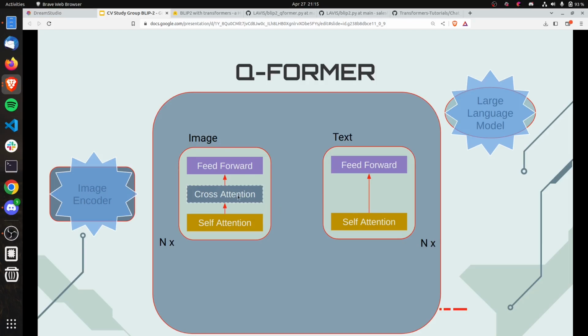Cross-attention is a bit special because that's only every other layer. They can specify which layers get it, and the default setting is that every second layer gets a cross-attention layer. The text transformer is similar, also self-attention and feed-forward, and then you get these stacked n times. You don't just have one layer, you have as many as you want.